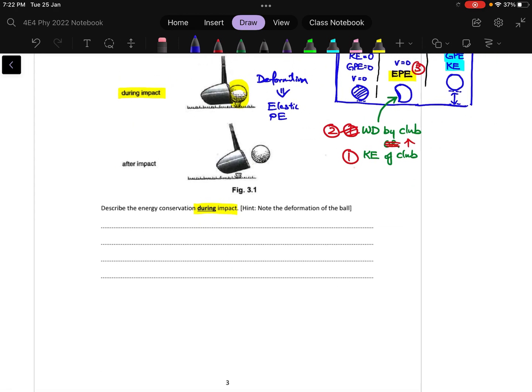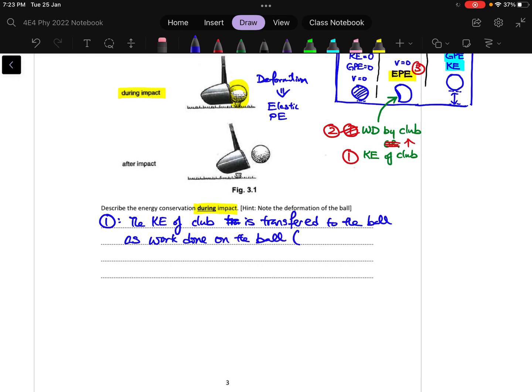So let's try. Step 1, we would say that the KE of the club is transferred to the ball as work done on the ball, right? If not, you can also call it work done by the club, up to you.